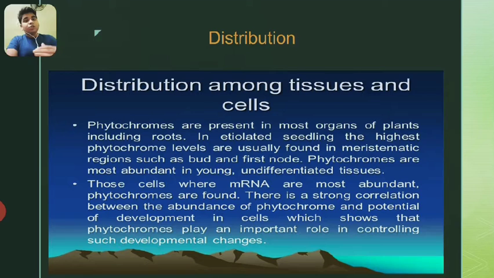Phytochromes are most abundant in young, undifferentiated tissues. Those cells where mRNA is most abundant, phytochromes are found there. There is a strong correlation between the abundance of phytochrome and the potential of development in cells, which shows that phytochromes play an important role in controlling such developmental changes.